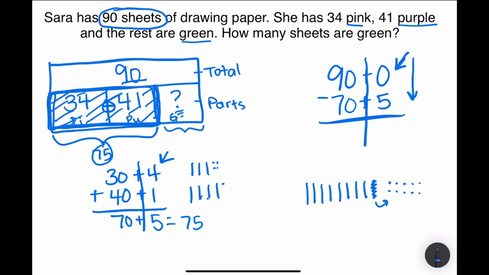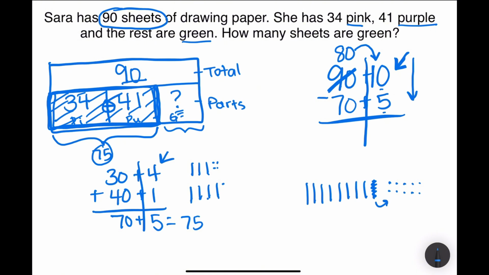Since we have to start in the ones place, you know that I can't do 0 take away 5. If I have 0 M&Ms, I can't give you 5 M&Ms. I'm going to have to get M&Ms from somewhere else. So I'm going to regroup this 90. I'm going to take a 10 away from the 90, and I'm going to move it to a different group. I'm going to regroup it to the ones place, and 10 plus 0 equals 10.